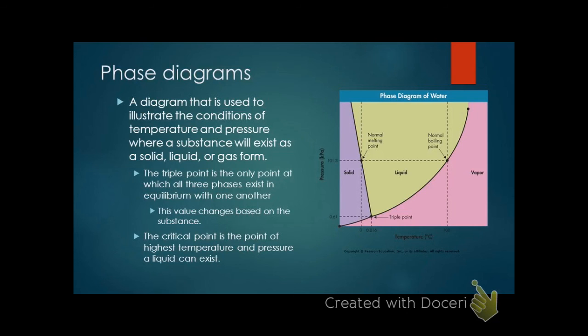When we talked about gases before, and we're going to come back to those in the next part of our unit, we looked at the fact that if we want a gas to behave ideally, we have to keep our pressures very low, and we have to keep our temperatures very high, allowing them the opportunity to move. This is what you're seeing here on the right side of the graph.